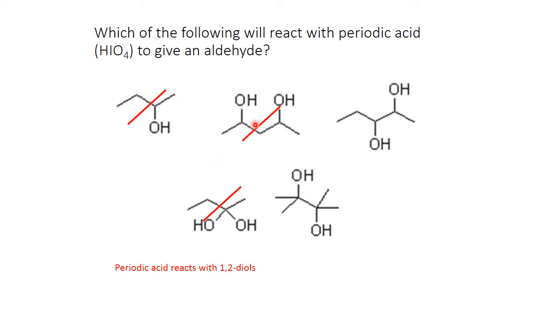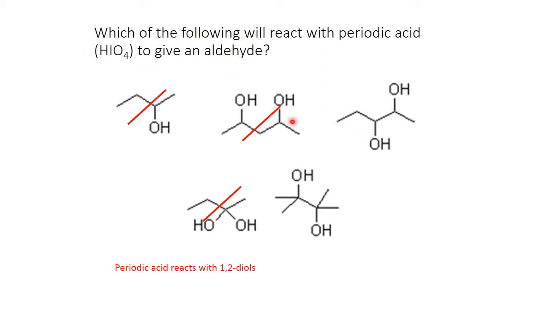Why? Because they're not 1,2 diols. This is not a diol. This is a 1,3 diol, and this is a 1,1 diol, or a geminal diol. We want a vicinal diol, which is 1,2 and 1,2. So it's going to be one of these two.